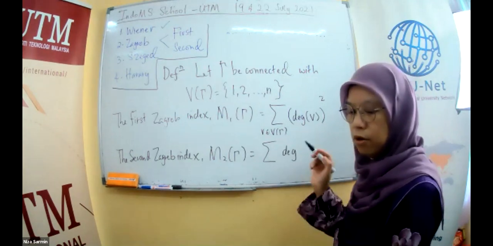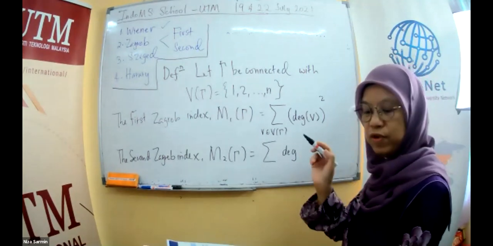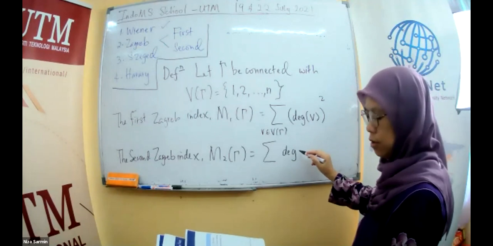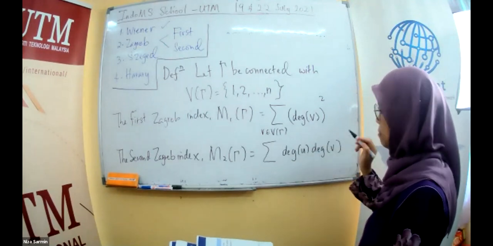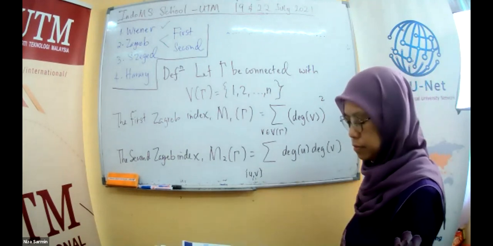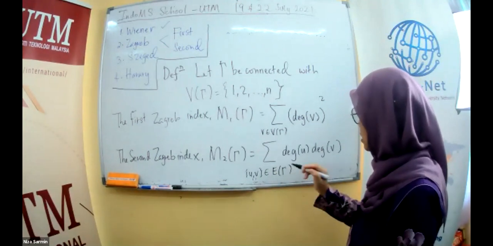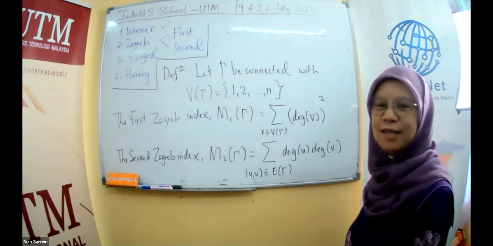The sum of the product of the degree of two vertices for each edge. Degree of U, degree of V, where UV is in the set of the edges, right? Edges.